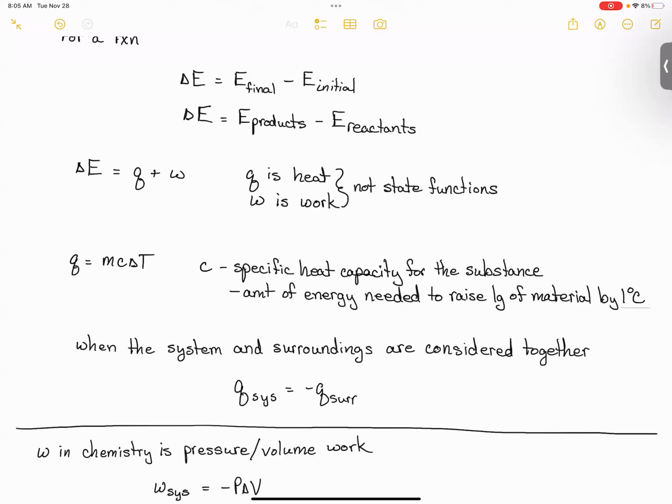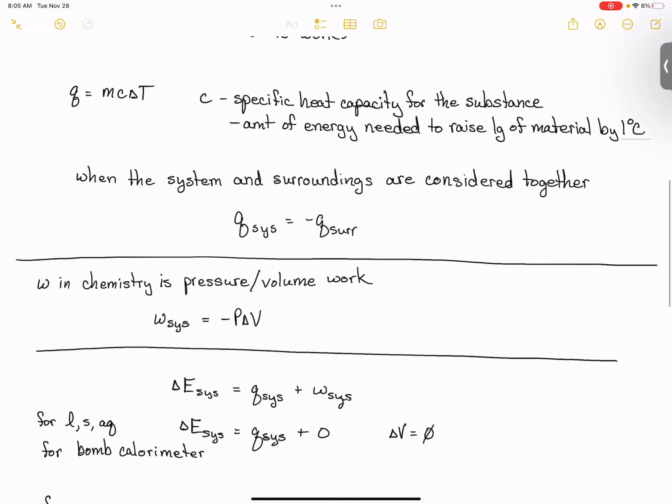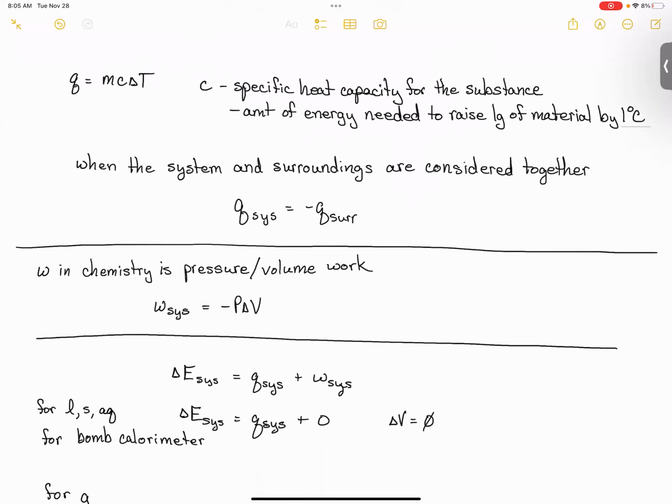Because if one is increasing, the other one has to be decreasing. So now there was another piece to that that I did not go over on Tuesday, and that is the work factor. Again, the change in energy is equal to Q plus W, where Q is equal to the heat and W is equal to work.